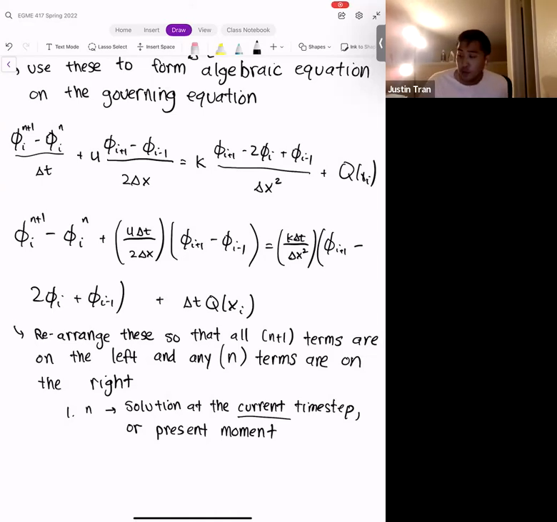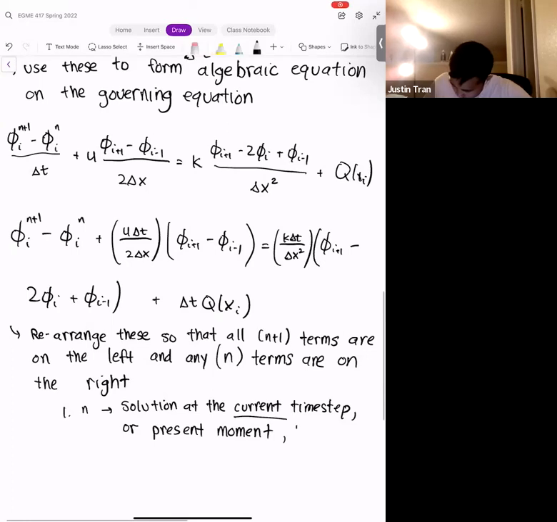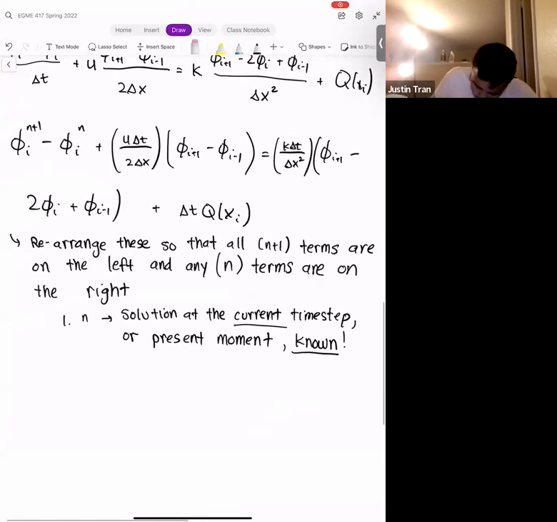Right. The important thing to know is that if it's already happened, right? If it's the solution in the current moment, then this is something that we know. Okay. And if it's known, then we can move it over to the right-hand side of the equation. Okay. Right. So that's time step n.